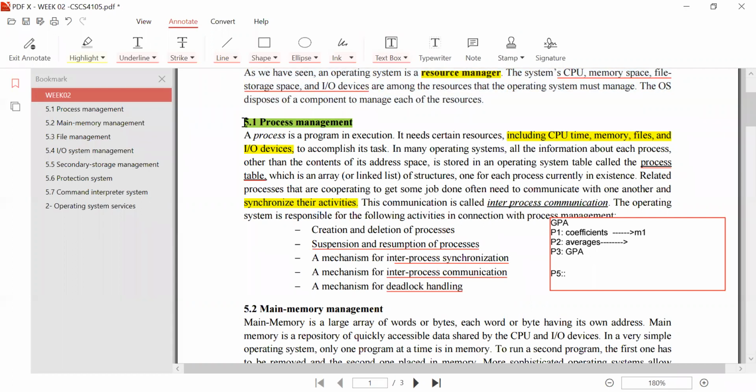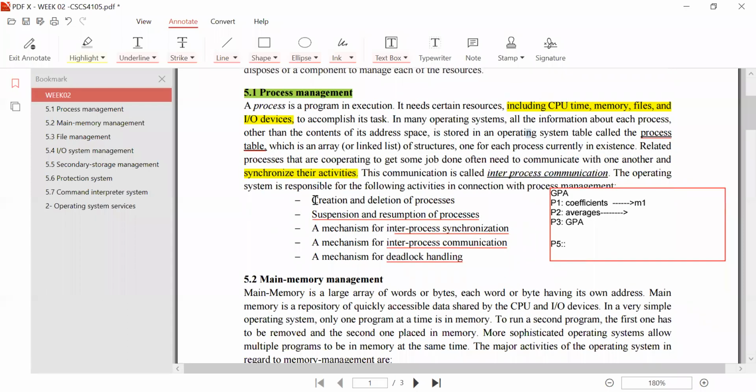The component of the operating system that we call process management is responsible for handling all these activities that we have seen: taking care of the process table, taking care of the resources that are allocated to the process, making sure that processes are created and deleted accordingly, making sure that processes are suspended and resumed when there is need. If there is need to suspend the process, it is suspended. If there is need to resume activity, it is resumed.